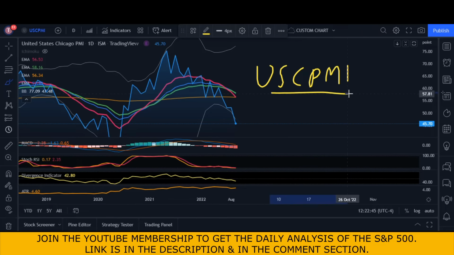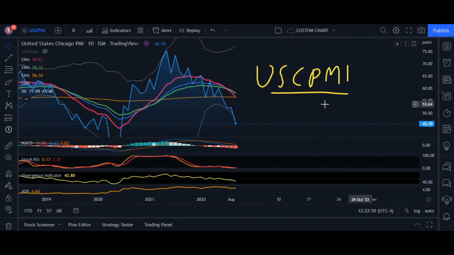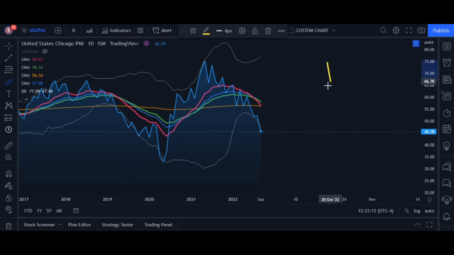This is the ticker, right? So if you want to analyze yourself, then you can also analyze the same. Now if you notice, this is the PMI data. First of all, what is the PMI data, and why are we concerned about it, why are we even discussing it, and why is this very, very important? See, economics.